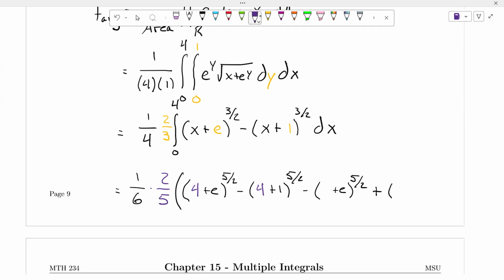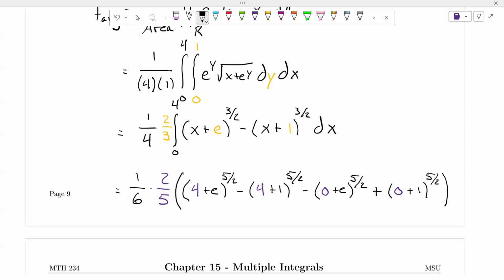Wait, that's not supposed to be a 1. That's supposed to be a 0. There it is. 0 plus 1 to the 5/2. That might have been the first small math mistake I made today. It's not bad. We're advancing.